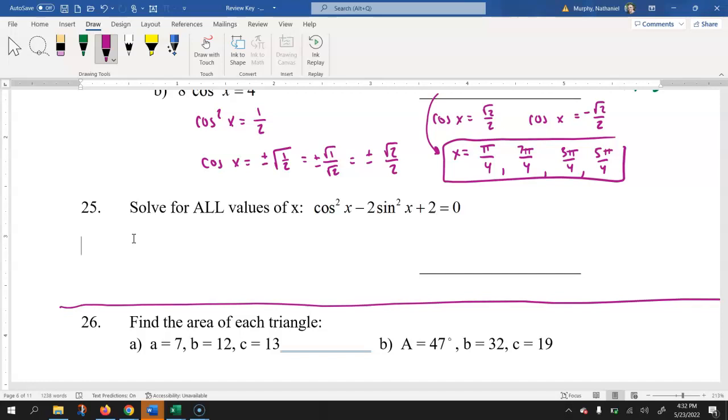All right, so I noticed right off the bat that this is not in the right form because here we have cosine and here we have sine. So I'm going to change that cosine squared to be 1 minus sine squared.